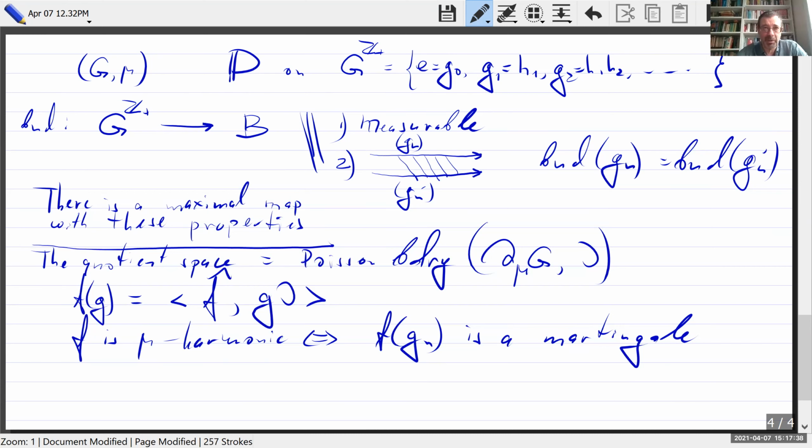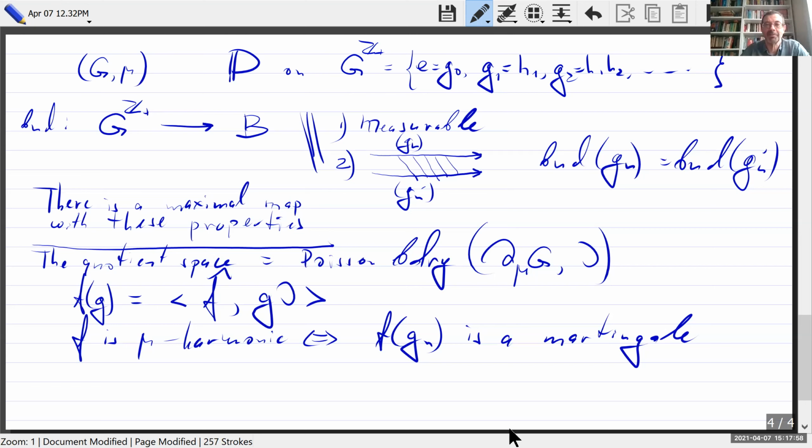And in the opposite direction, if we have a mu-harmonic function, then its values along sample paths are a martingale. Therefore, they converge. So, Vadim, explain in more detail what it means to be a martingale with respect to these values.